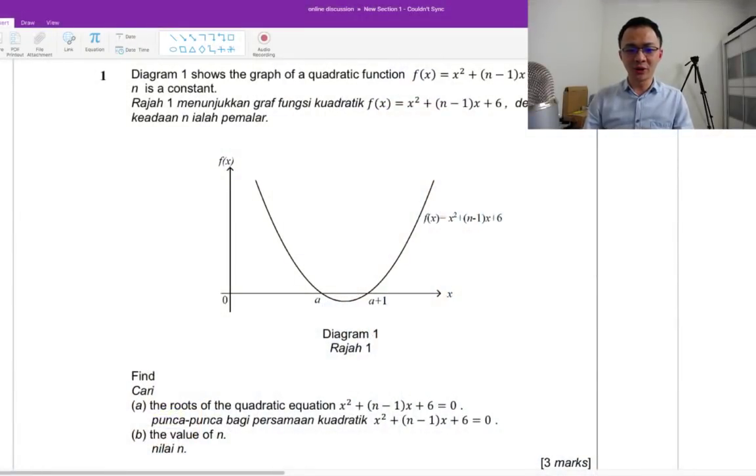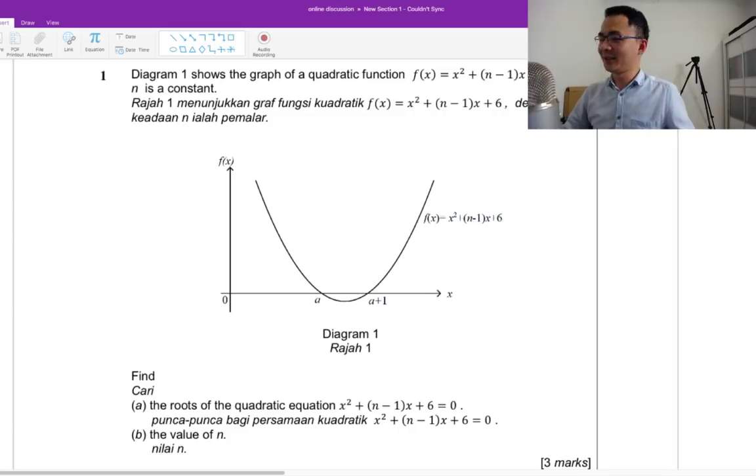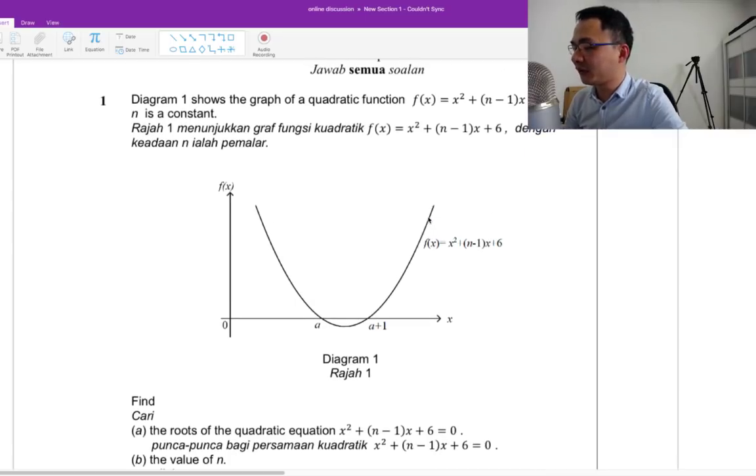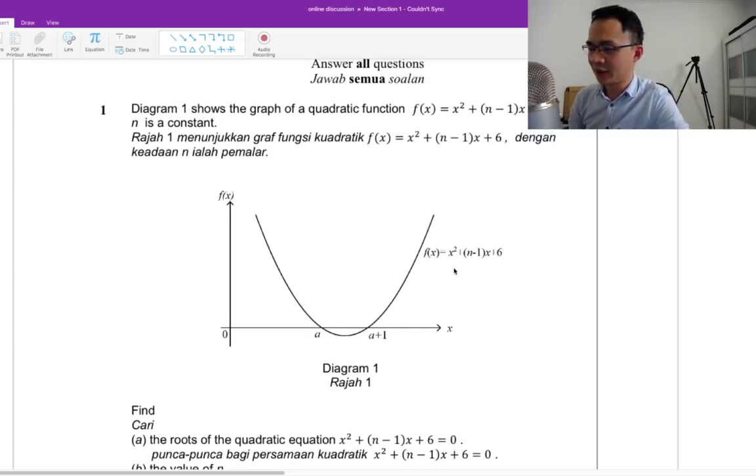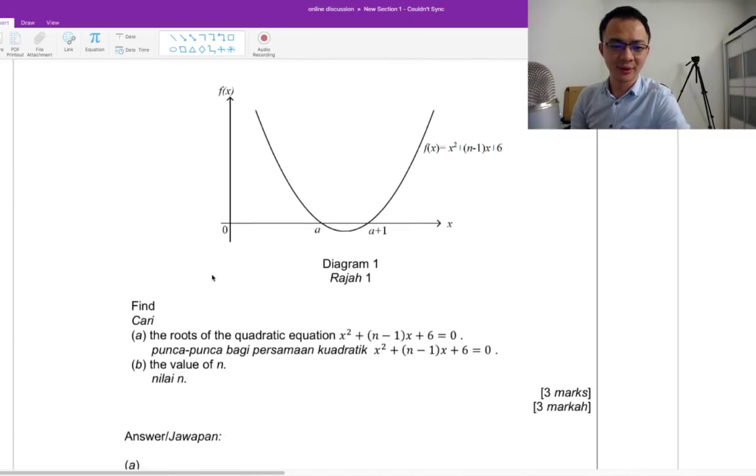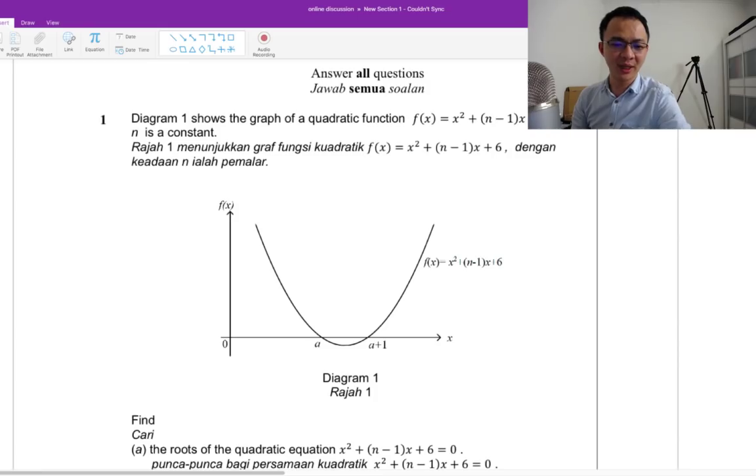Alright, so first I hope all of you can see the paper. Right, so, yeah, let's start. Okay, let's have a look at the first question here. The question tells you that, I realize, can you actually see the paper? It seems like it hung already. I'm not sure why.